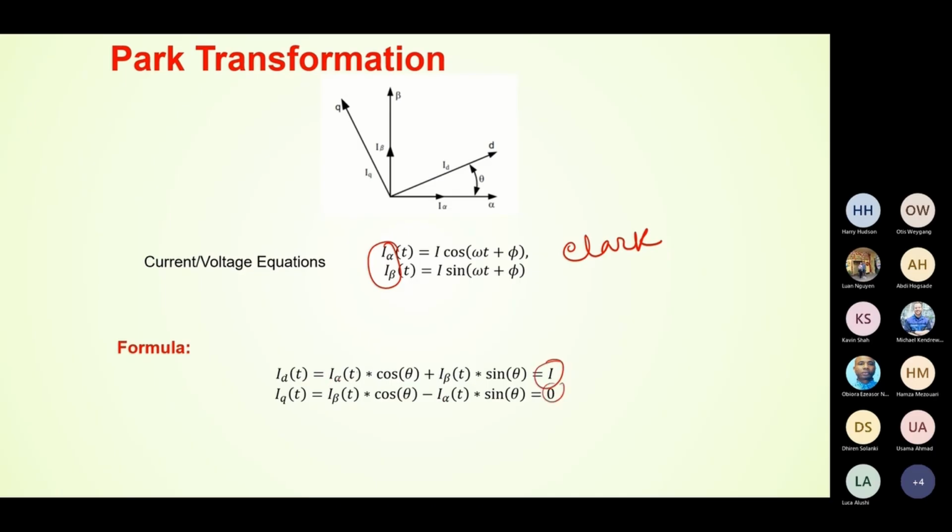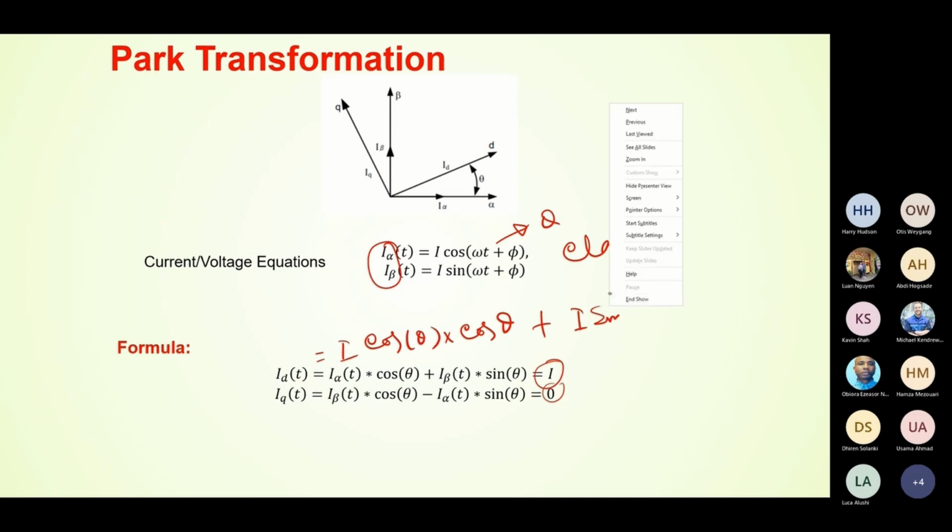Just for your information, what is I alpha? I alpha is actually I cos theta. This is theta. Then I'm multiplying it with cos theta, plus I beta. What is I beta? I sine theta.